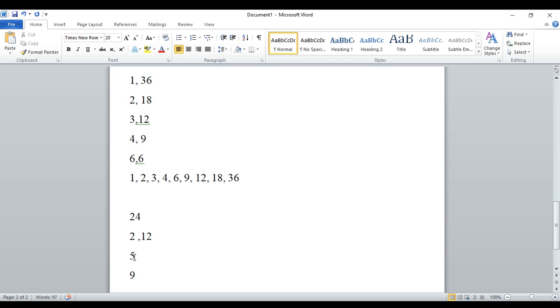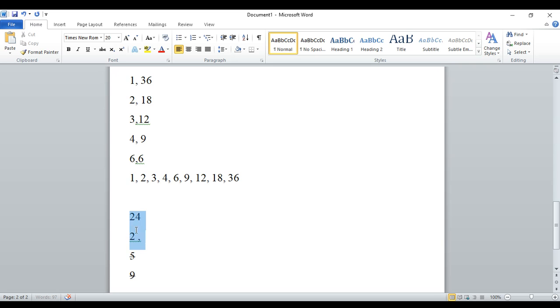Can you multiply 5 times anything and get 24? No, you cannot, so this one doesn't work. Can you multiply 9 by anything and get 24? No, you cannot, so that one won't work either. So the only one that is a factor here is 2, and that's because you can multiply 2 times 12.